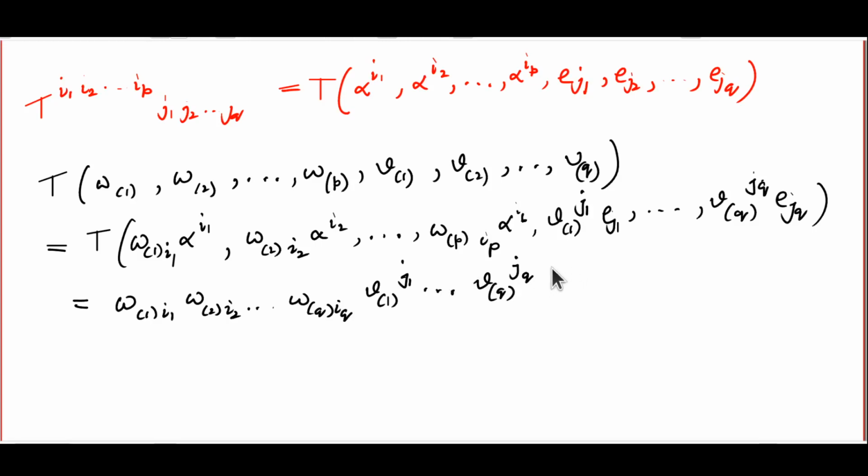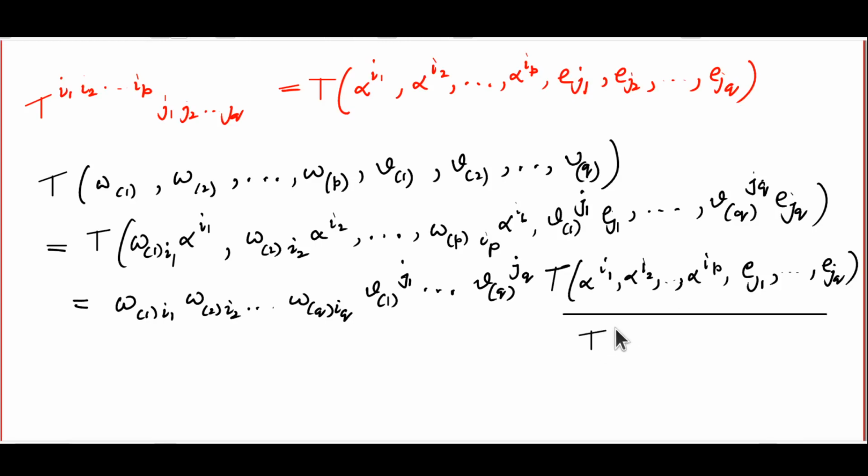And you are left with T acting on alpha I1, alpha I2, alpha IP, EJ1, EJQ. And this, of course, is nothing other than our familiar T I1, I2 to IP, J1, J2 to JQ.